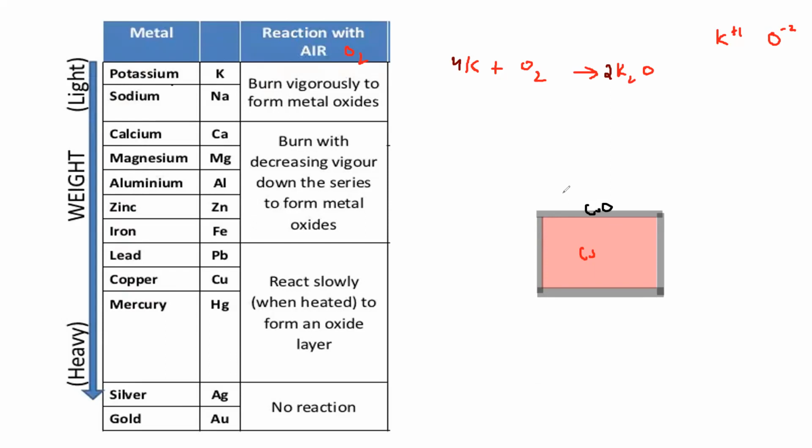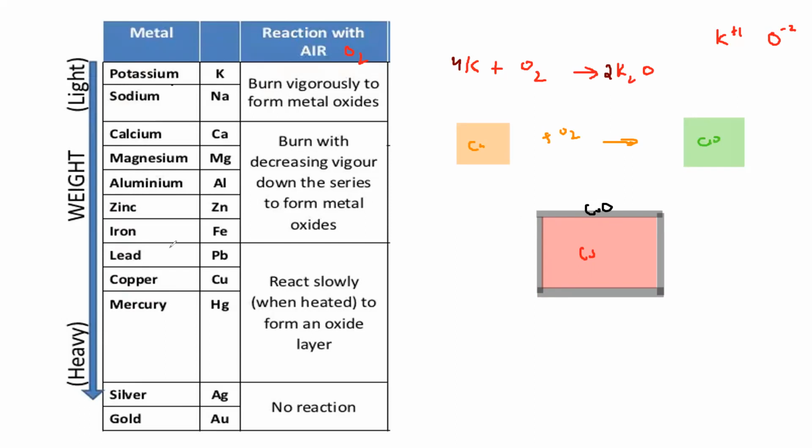It will stop. But for other metals, like if we have a piece of magnesium or piece of calcium, when they react with oxygen, as a result, when calcium plus oxygen, the whole substance will turn into calcium oxide. All the particles of calcium mix with oxygen to give calcium oxide.